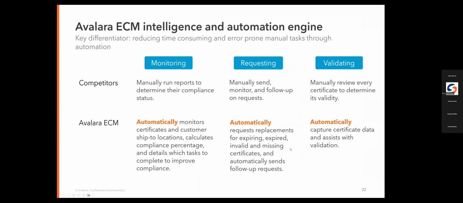It gives you the ability to automatically request certificates based on specific requirements or preferences, like prior to expiration, or if you have certificates that come back as invalid. The software is designed to reduce your time, reduce your risk, and make you more efficient. And of course, there's a validation tool that takes components of AI that we've already built, where it can capture certificate data for you as you load it into the software. And I'll show you that in a couple of minutes here.